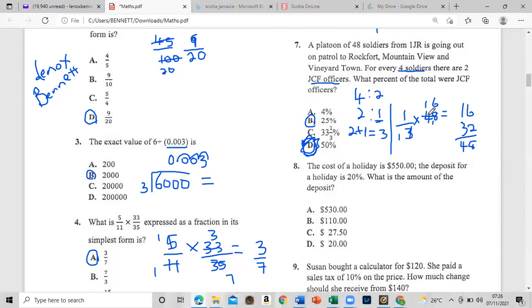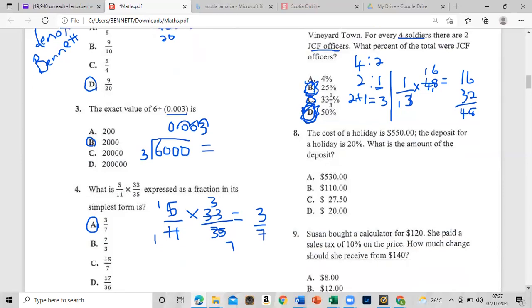Because at the end, 16 out of 48, that's 33%. For a total of 48, and you have 16 police, so 33%.